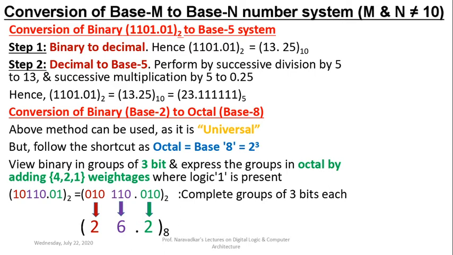So this is the way that conversion of binary to octal can be carried out. You can verify this conversion by converting binary to decimal and then decimal to octal. You must get the same result.